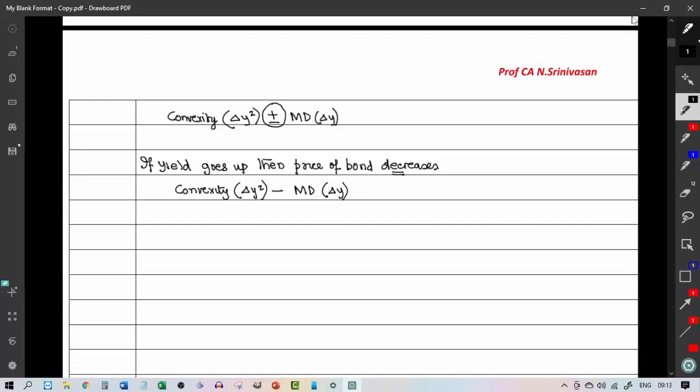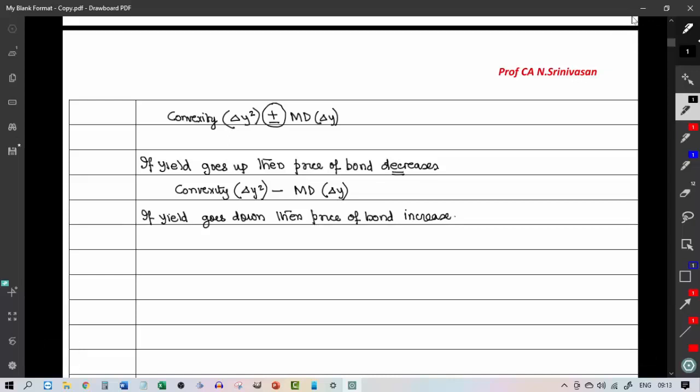And conversely, if yield goes down, then price of bond increases.